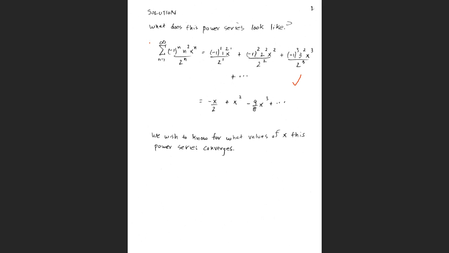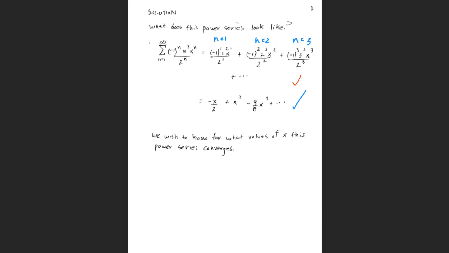Okay, so let's see what we have here. When n equals 1, you get the first term. When n equals 2, you get the second term. When n equals 3, you get the third term, and so forth. So we write out the first three terms of the power series.